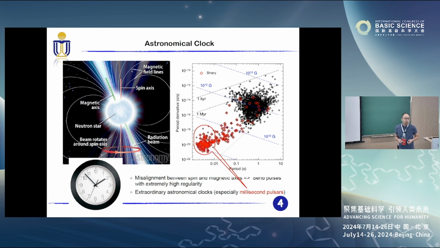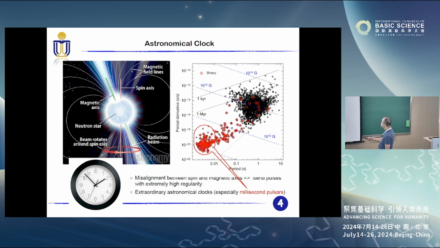Millisecond pulsars are later stage pulsars, and usually they are generated from a binary. By absorbing mass and orbital angular momentum from its companion, millisecond pulsars usually spin much faster and are also more stable compared to normal pulsars.